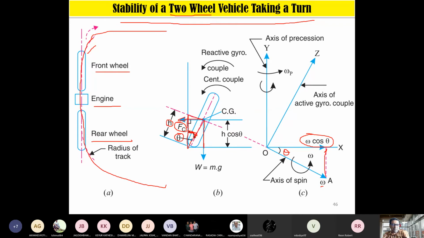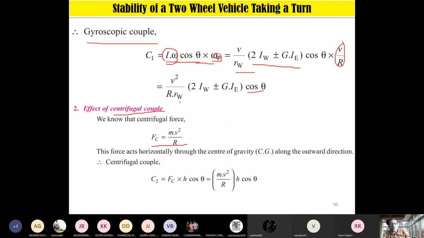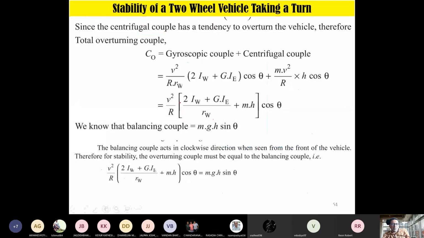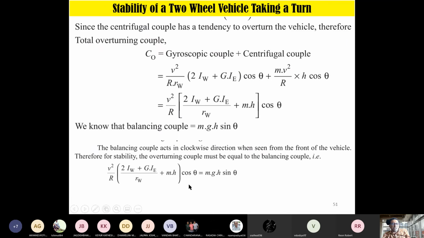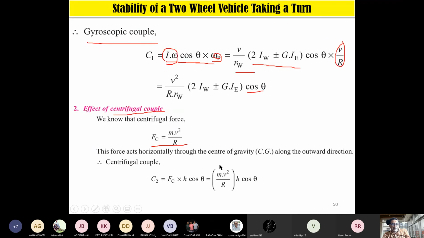If you concentrate on this triangle, in which this angle is theta, and what we need is this, it is the adjacent side, so h cos theta. So instead of taking the distance as h, we need to take the distance as h cos theta, as shown here. Fc into h, actually h should be there, but because we need to take the components, that is why it is Fc into h cos theta.